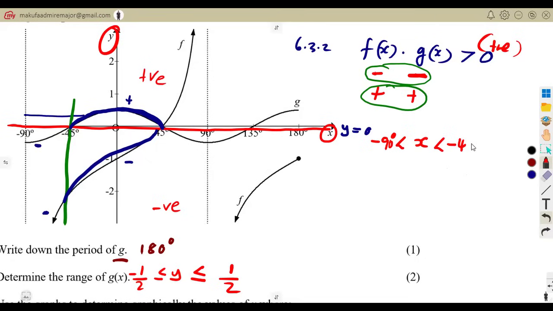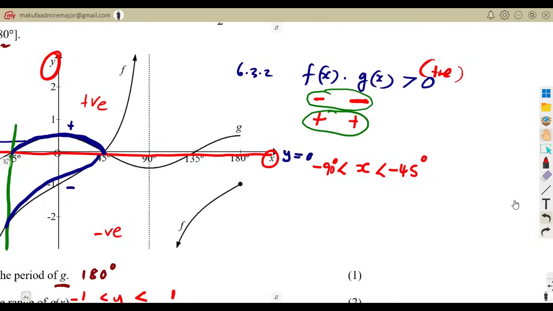If we compare between minus 45 and 45 degrees, we can see that one is positive and another one is negative. We do not want that, because both are supposed to be negative or positive.